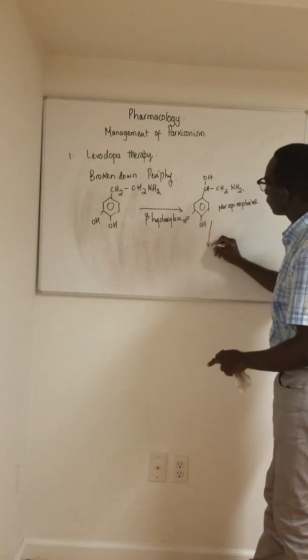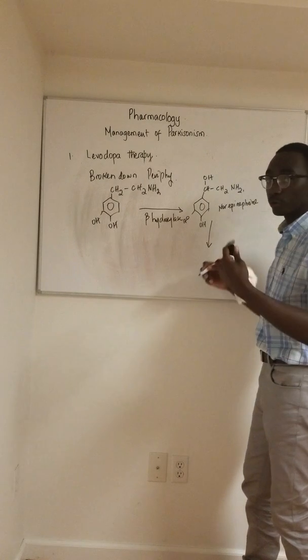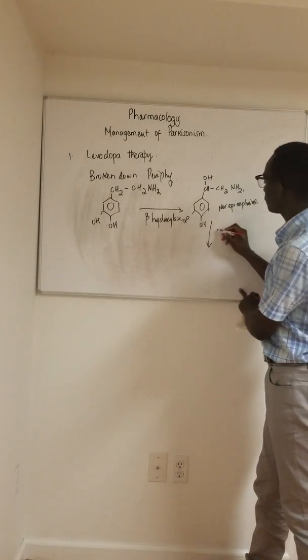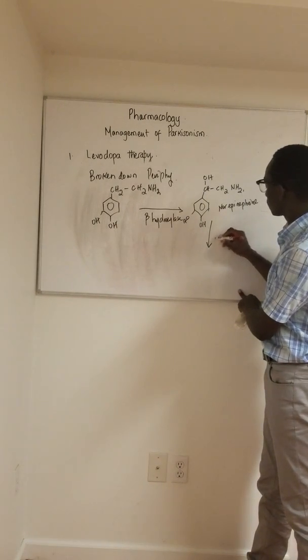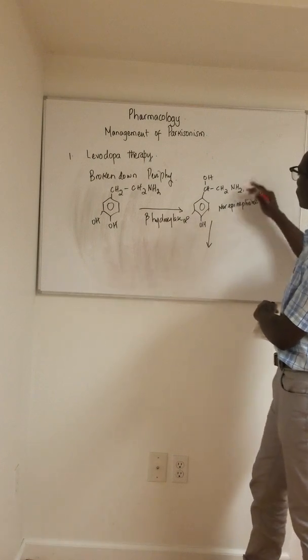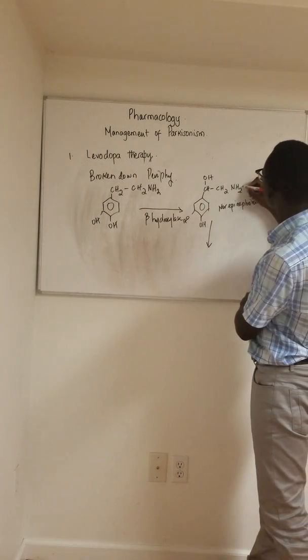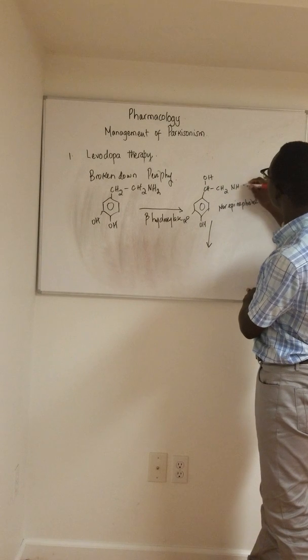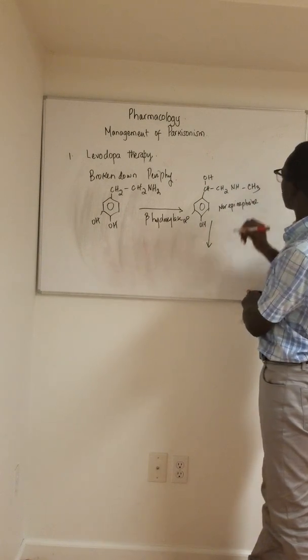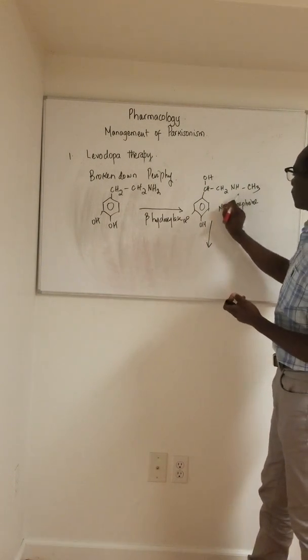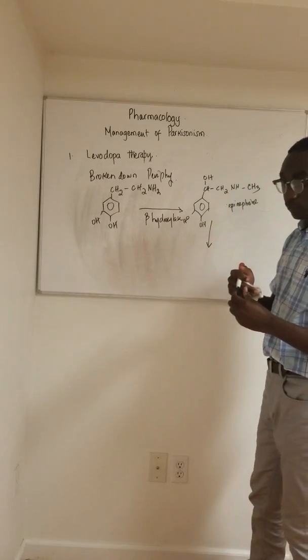So this norepinephrine can further be metabolized by some enzyme by adding a methyl group on this area. So one of the hydrogens is taken off and it becomes epinephrine. So now you know the effects of epinephrine is going to cause vasoconstriction.